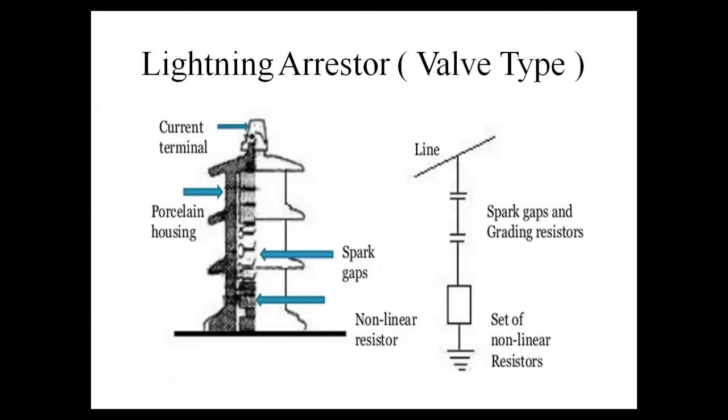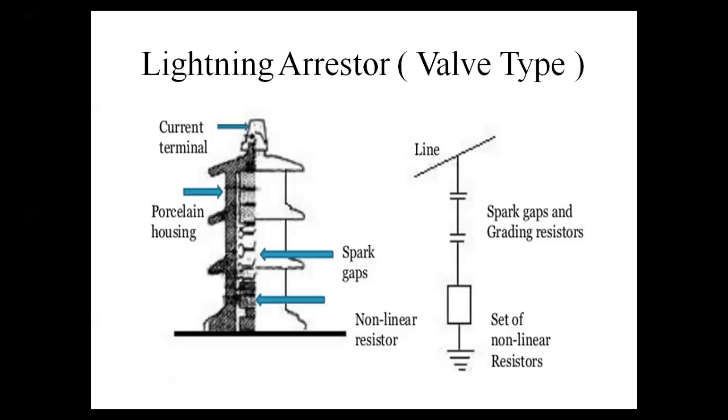They offer high resistance to the current flow when normal system voltage is applied, but they offer very low resistance to the surge current. In other words, the resistance of these elements decreases when there is an increase in current.